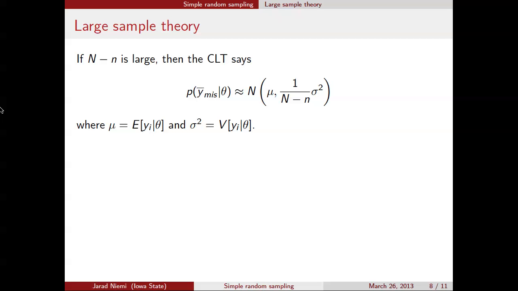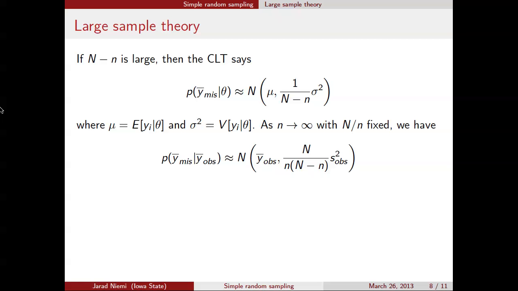So now essentially what we're going to do is integrate out theta, and we're going to do this as little n goes to infinity. This is as the amount of missing data goes to infinity, and this is as your sample gets larger. So notice that this conditional distribution depended on these population parameters, mu and sigma squared.